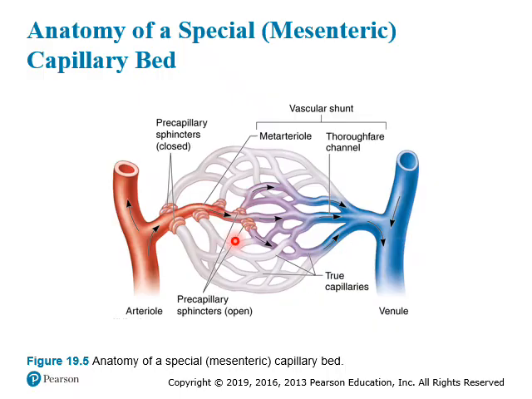It can flow through the thoroughfare channel, and that is a direct channel that is open and will keep open, and that will allow blood to flow from the arteriole into the venule.